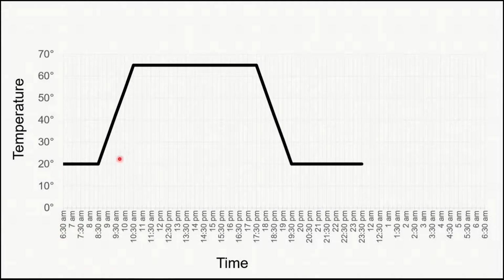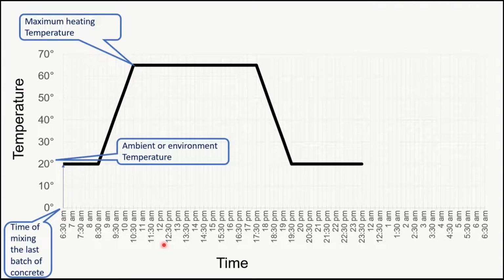The steam curing profile graph looks like this chart. The temperature on the y-axis and the time on the x-axis. There are three figures that you need to know. The ambient temperature, and in this chart 20 Celsius.